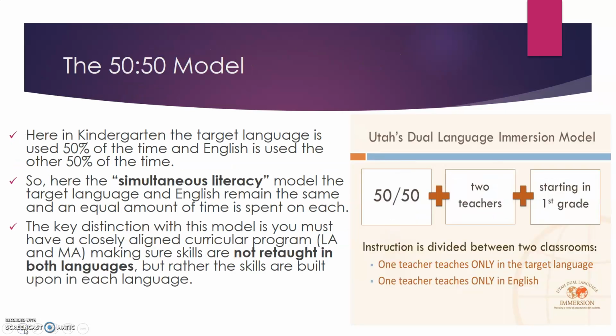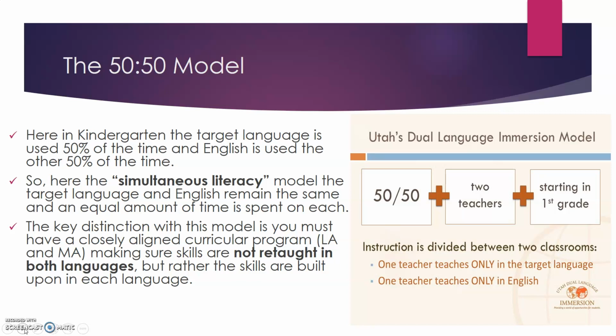The second model you see is the 50-50 model. Here again in kindergarten, when they start out, the target language is used 50% of the time, and English is used the other 50% of the time. Another way to refer to this type of model, it's called the simultaneous literacy model, in which the target language and English remain the same, and an equal amount of time is spent on each.